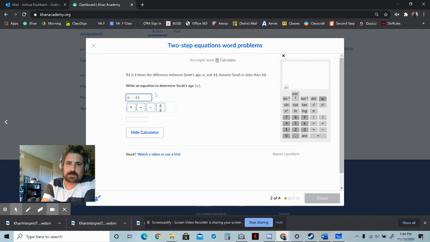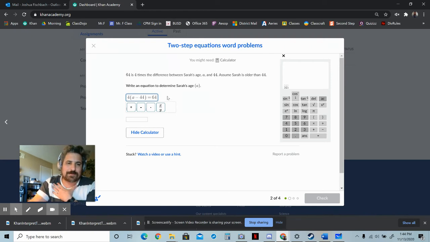And it's 64 is 4 times the difference, right? So 4 times that quantity, okay, should be equal to 64, because it says 64 equals 4 times the quantity of the difference between Sarah's age and 44.